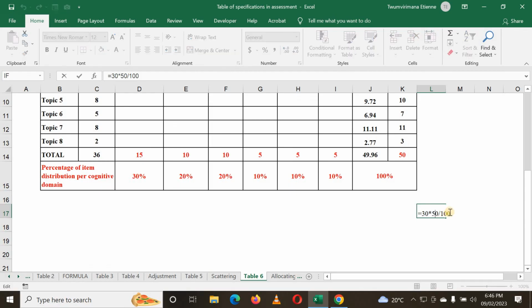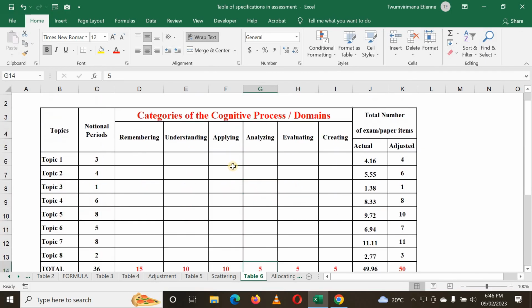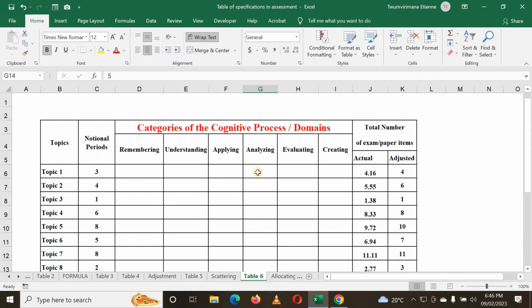It is very simple mathematics. You can calculate this. It is 30% of the 50 questions that we're going to put in your paper, and here you find 15. If you do 20%, you find 10. For 10%, you find 5 questions. And this is the total number of questions that will be required in your paper. Remember this.